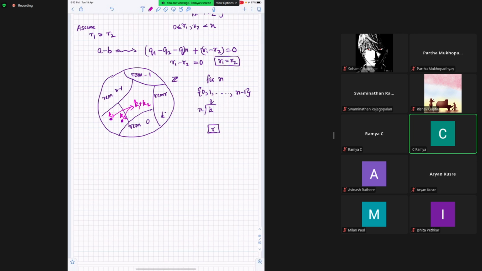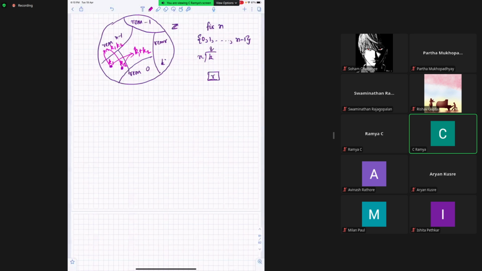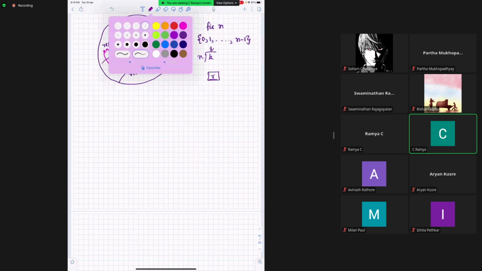Or if I multiply k1 and k2, will this go to another bag? I'm sure you've seen this in groups. Have you seen this? The multiplicative group modulo n. Sure. Yes.